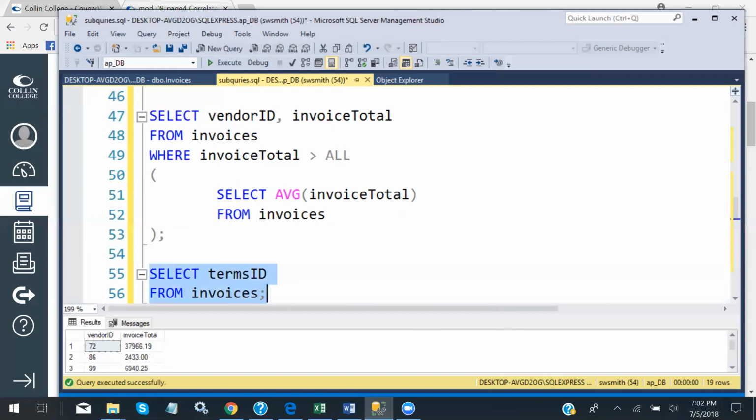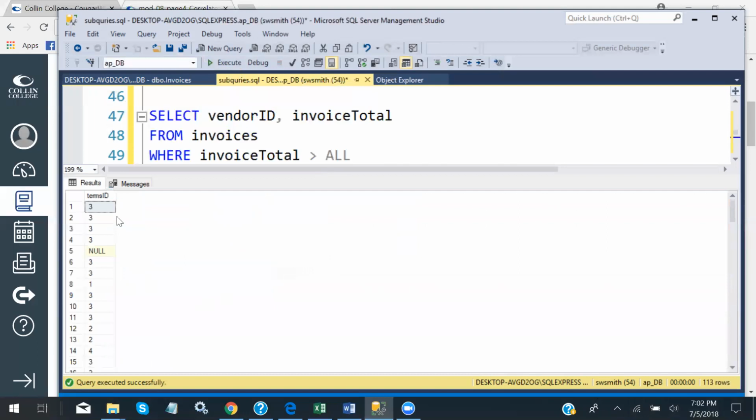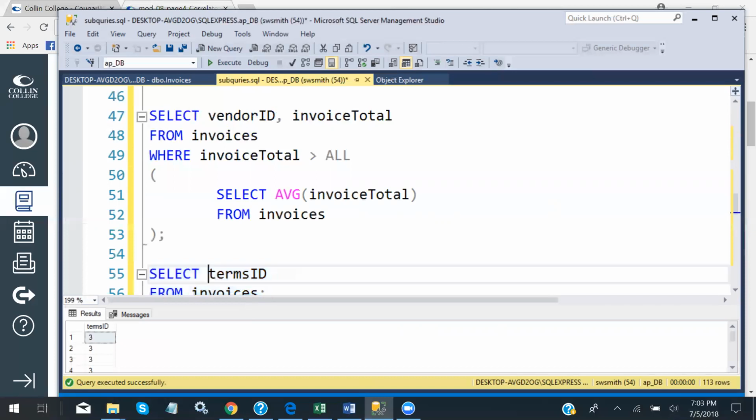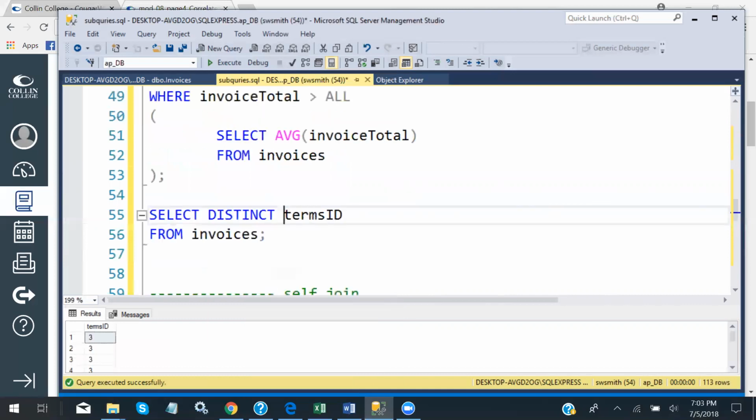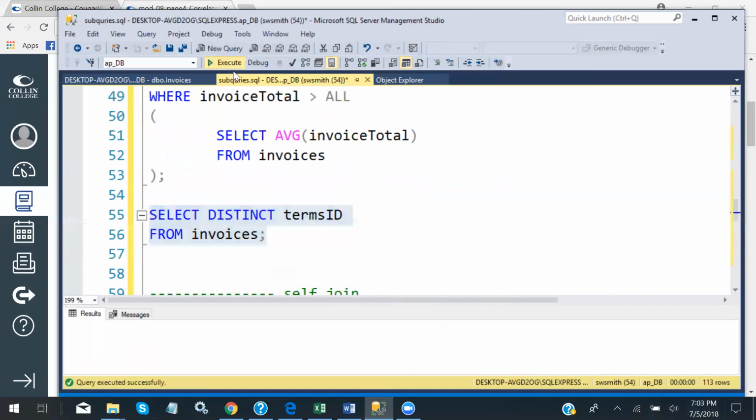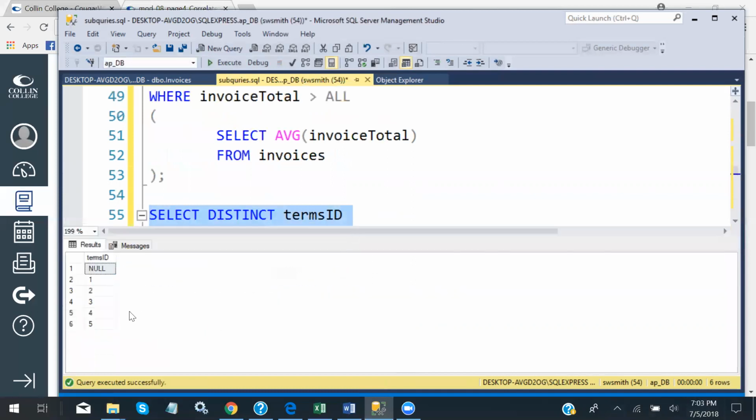When I execute this, I get 113 rows, and notice I have one there that's null. So I get lots of duplicates in there. If I say select distinct terms ID from invoices, as soon as I put the distinct in there and execute, now I only get 6 rows. There are only 6 different ones in there.